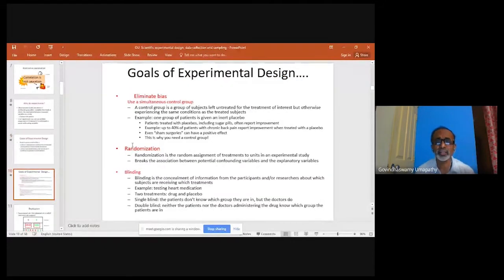So there are other things that are part of experiment design. Eliminate bias. Use a simultaneous control group. A control group is the group subject to left untreated, the treatment of interest, but otherwise experiencing the same conditions as treated subjects.